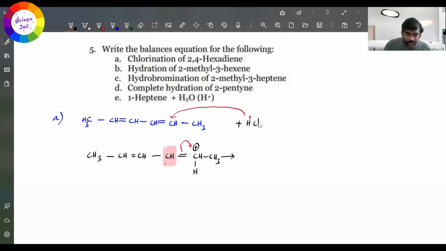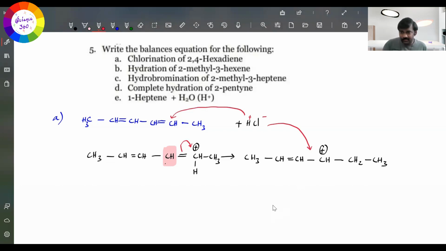Here CH double bond CH, this is normal. Here the positive charge shifted to this carbon, and here a single bond because the double bond already moved. Here CH2, CH3, right? Now the Cl minus ion, sorry, not bromide, can directly attach here on the C plus ion.